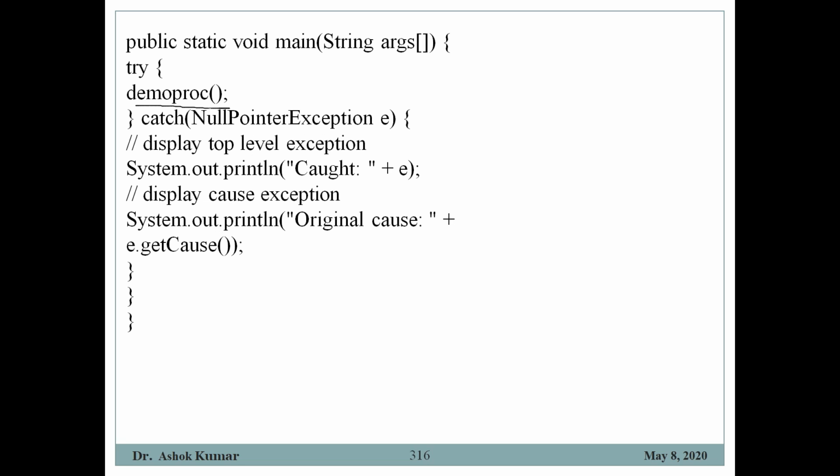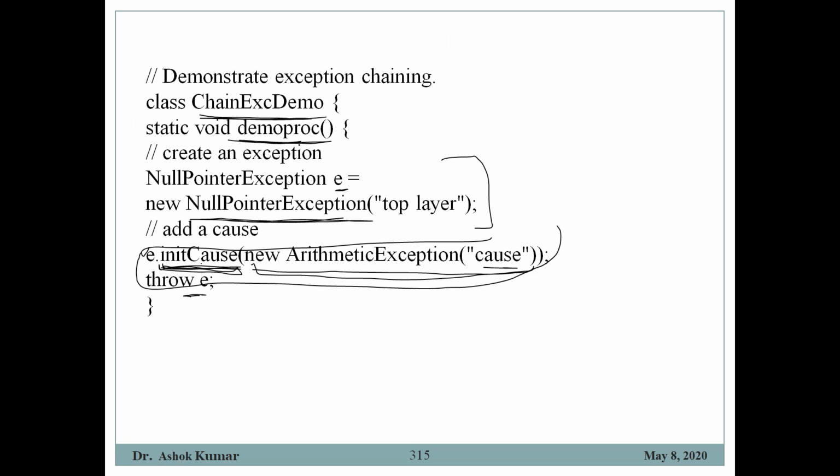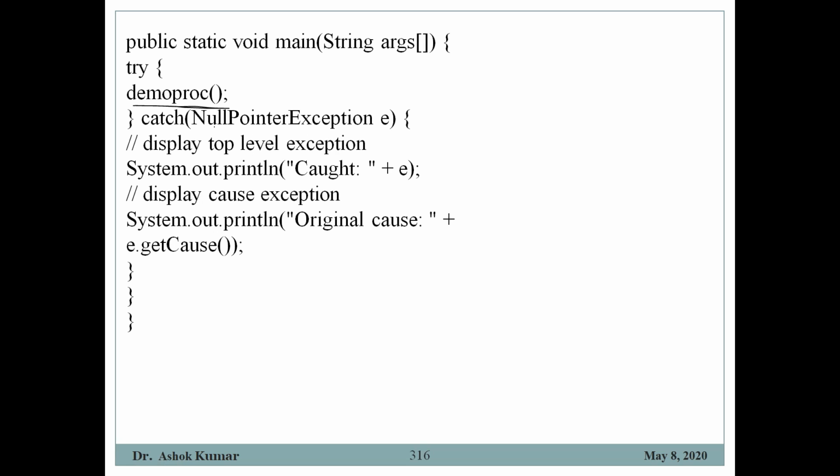We have kept demoProc in try catch. When this throws the exception, the matching catch block will get executed, and the matching catch block is NullPointerException, and it will receive the object that is thrown. When the catch block gets executed, what you will get is "Caught" and then e.